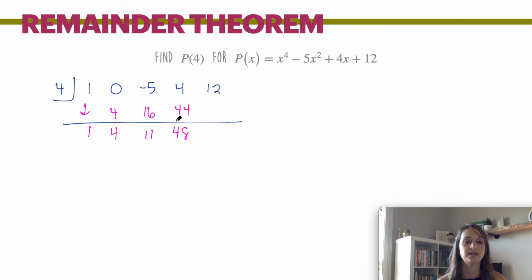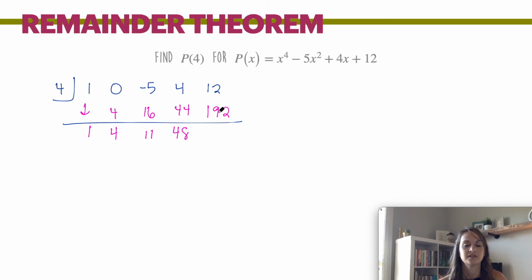4 times 48 gives me 192, and then 192 and 12 will give me 214. No, it won't.